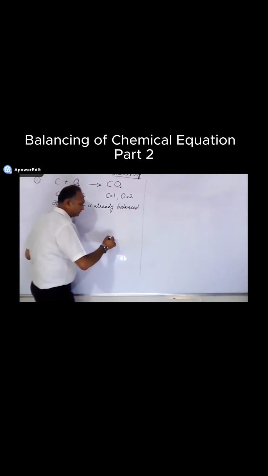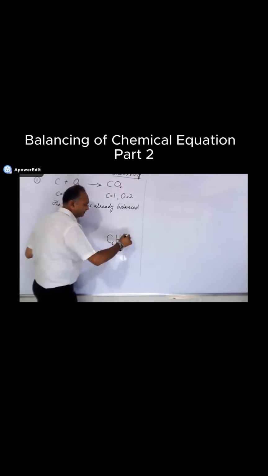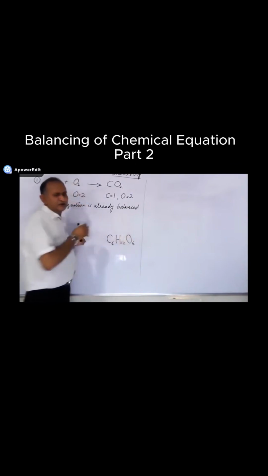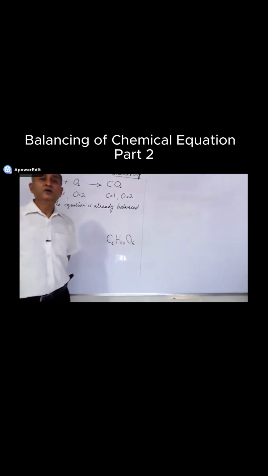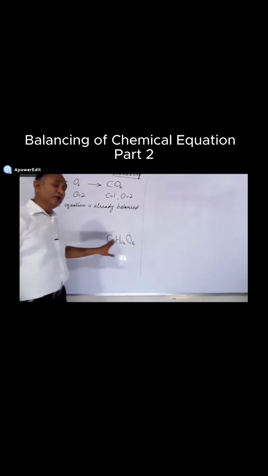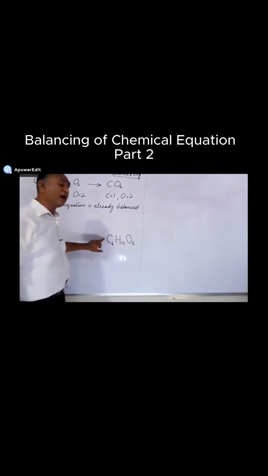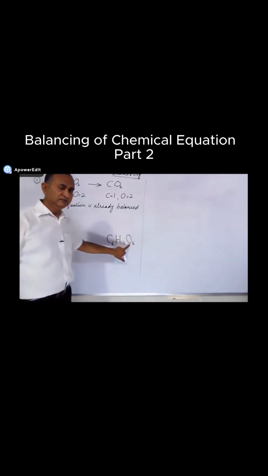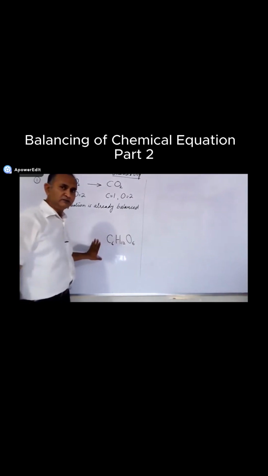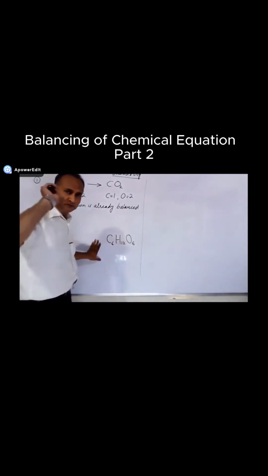Look at the board. C6H12O6. Most of you already know it. It's the chemical formula of glucose. A molecule of glucose: 6 carbons, 12 hydrogens, 6 oxygen. One molecule means 1 mole.